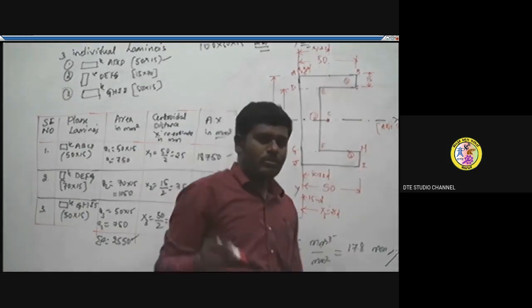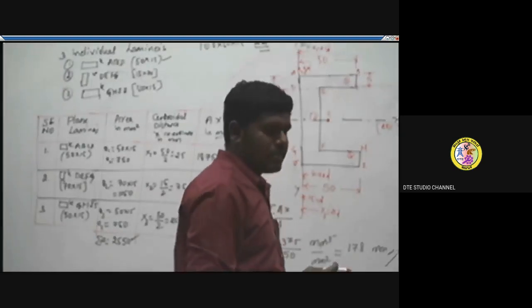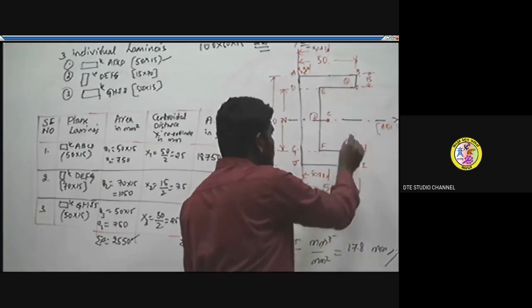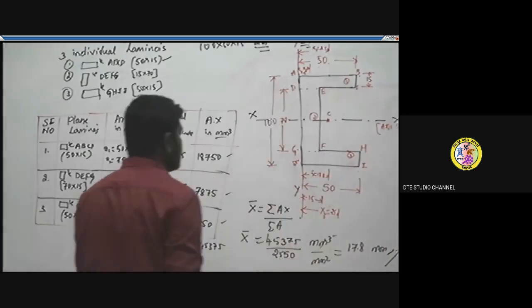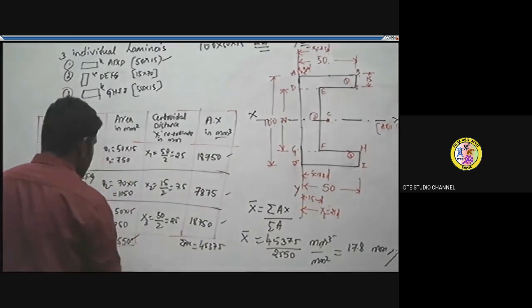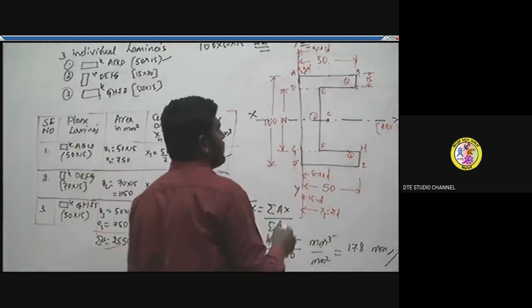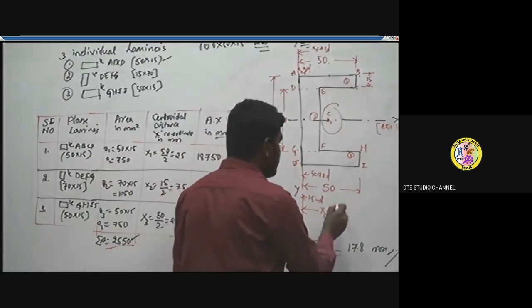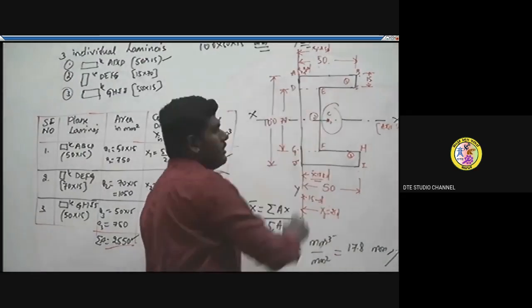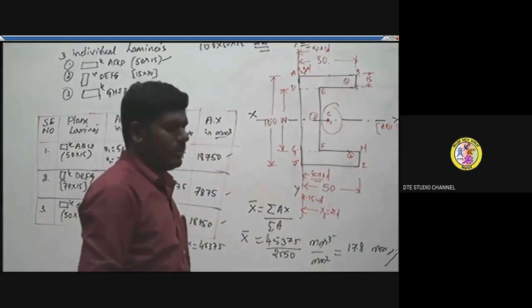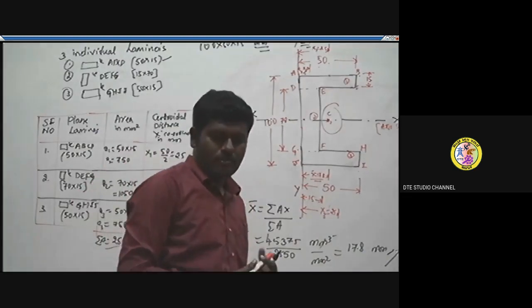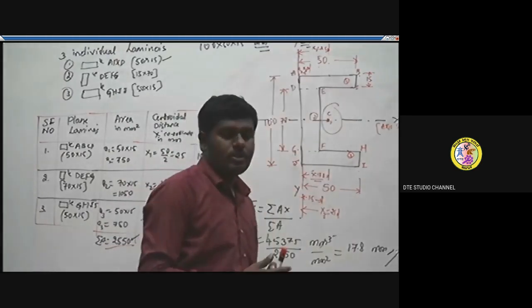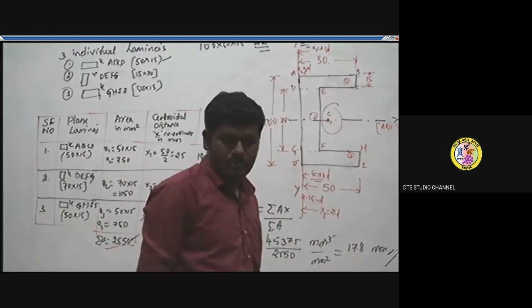Sometimes for curves or for some unsymmetrical sections, the point will be located just outside the area. So the total area, 2550, of this channel section is assumed to be concentrated at this point, at a distance of 17.8 from the reference axis YY. I hope you understood how to locate the centroid for a given channel section.